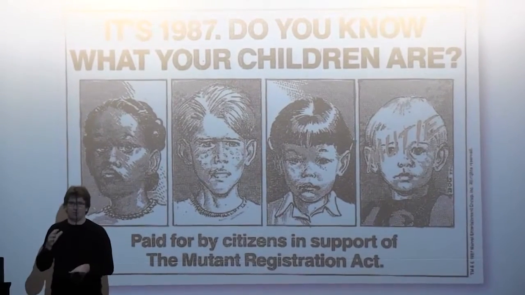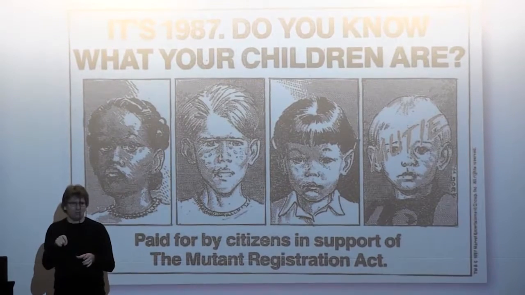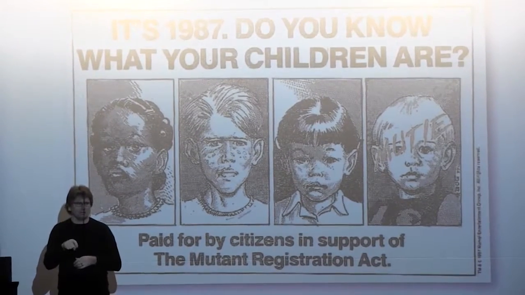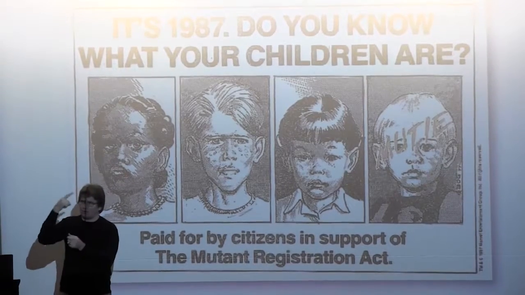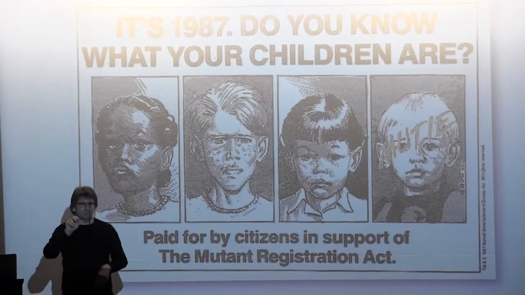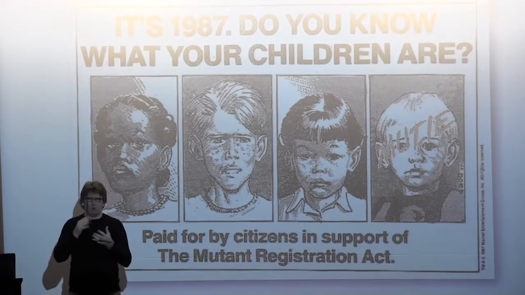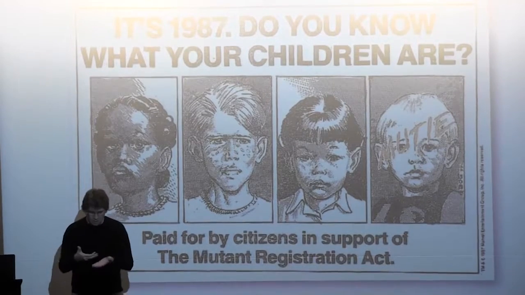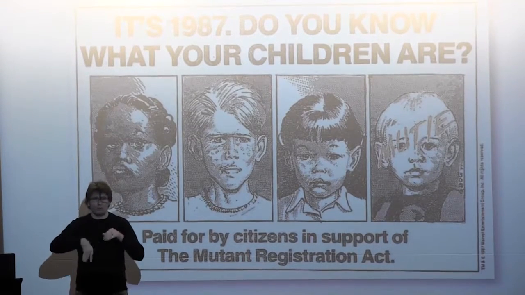In the series, mutant children must be registered. Parents are required by the government to register their children in order to follow a tracking system that occurs throughout the series. This is comparable to the deaf population today.